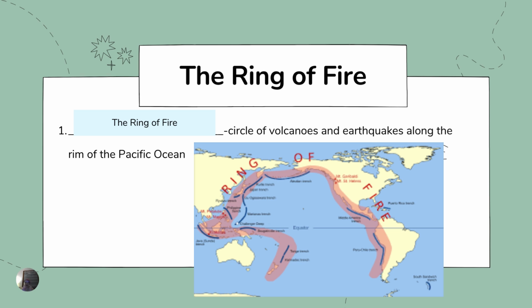So the movement of these plates bumping up against each other creates tremendous pressure, which causes a lot of volcanoes and earthquakes. So this is a very important geological feature because there's a lot of pressure that exists there.